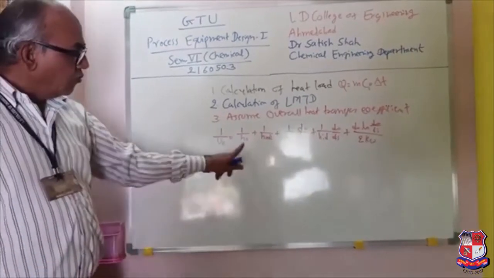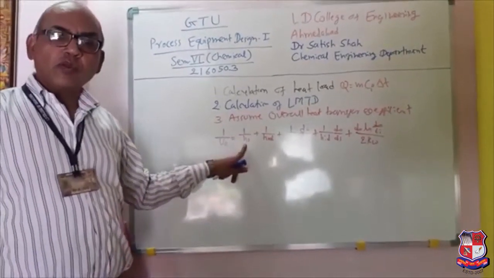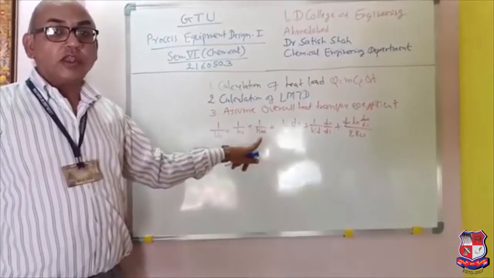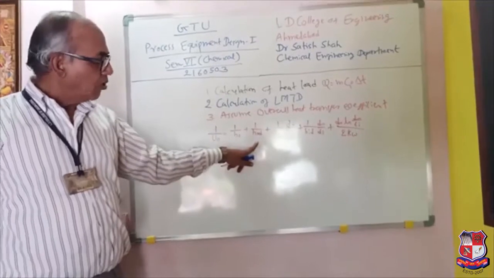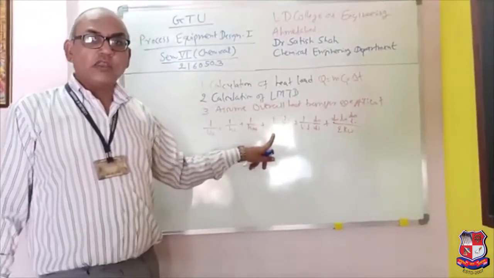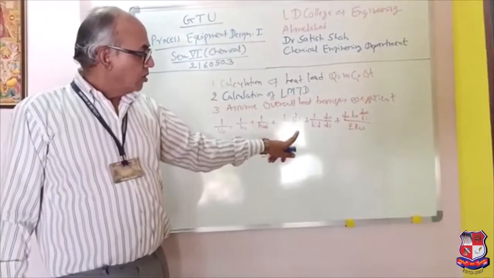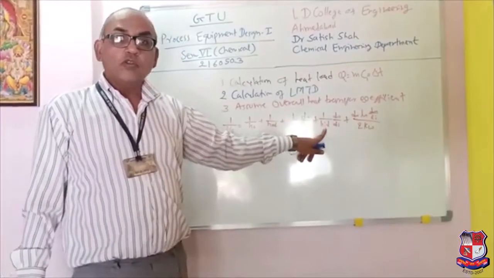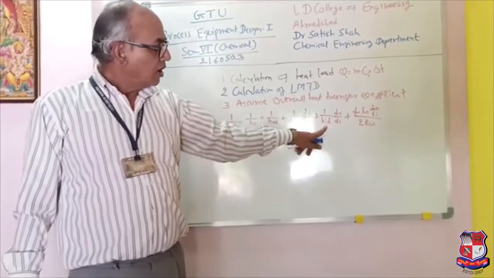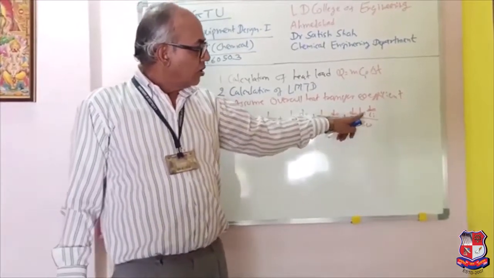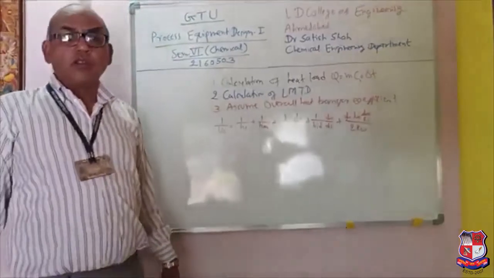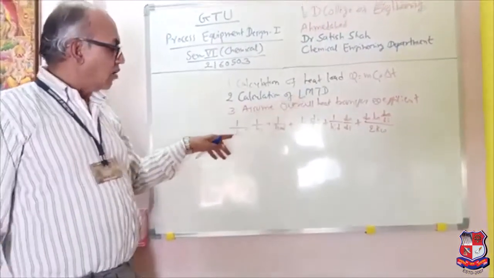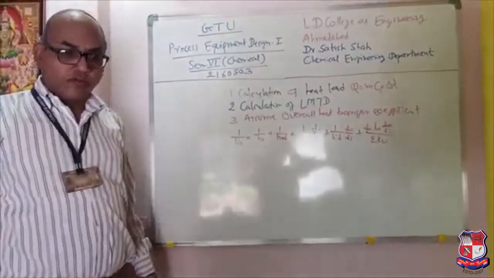See, ho, that is the outside heat transfer coefficient, or we say it is the shell side heat transfer coefficient. This is the dirt heat transfer coefficient for shell side or outside. This is the tube side heat transfer coefficient, that is to be multiplied by Do upon Di. This is the tube side dirt coefficient or inside dirt coefficient. Kw is the thermal conductivity of the tube metal. So if you know all these things, you will calculate the overall heat transfer coefficient.